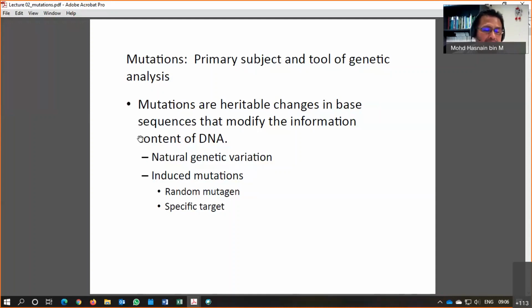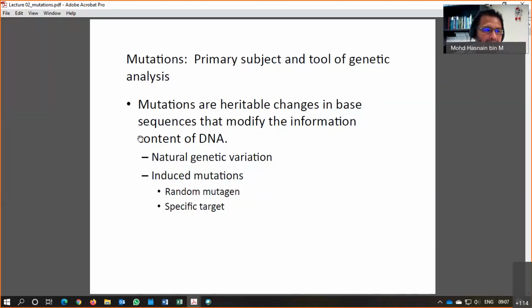In some other instances, the mutated chromosome can be fertilized, producing zygotes and going on to produce an individual with a mutated chromosome, but that one is quite rare.